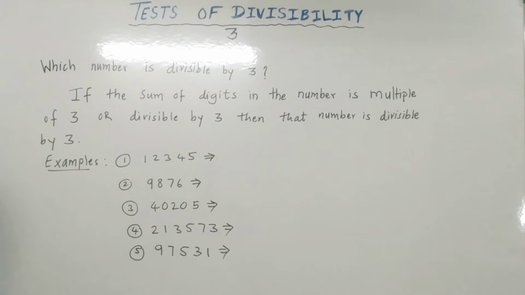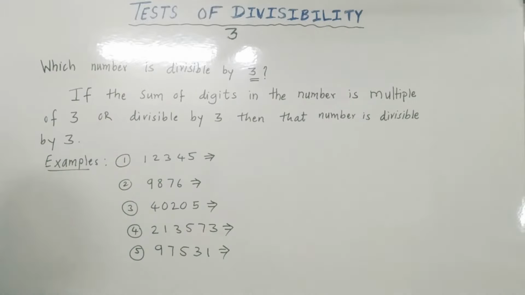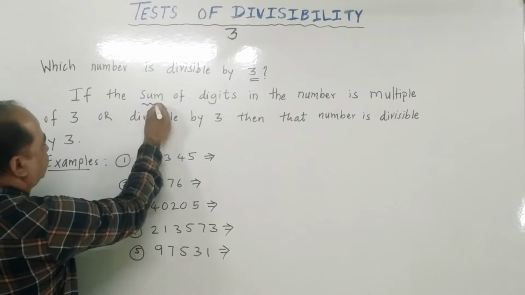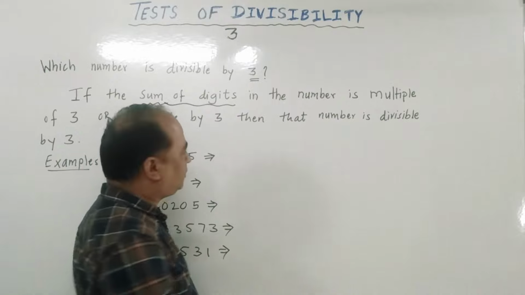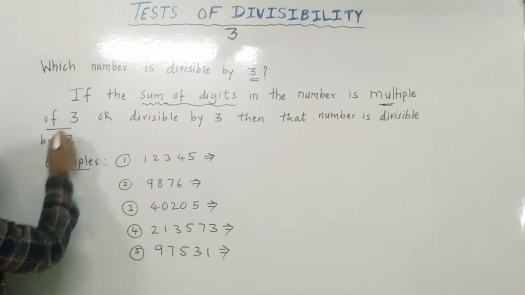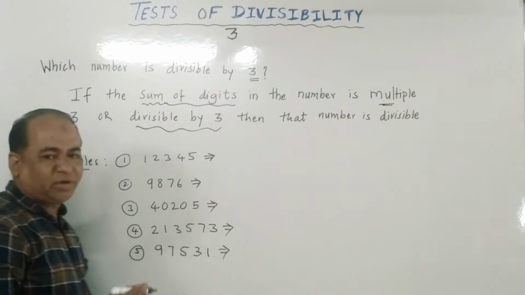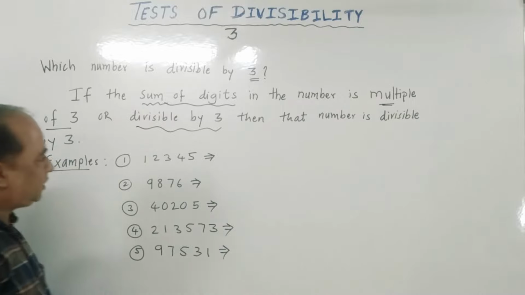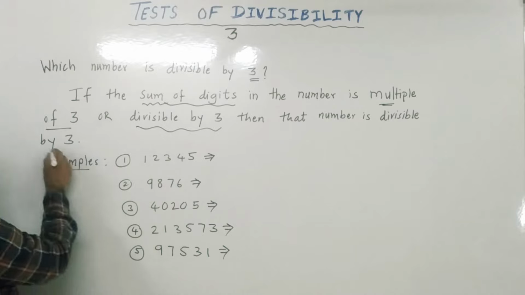Now test of divisibility by 3. Which numbers are divisible by 3? If the sum of the digits in a number is a multiple of 3 or divisible by 3, then the number is divisible by 3.